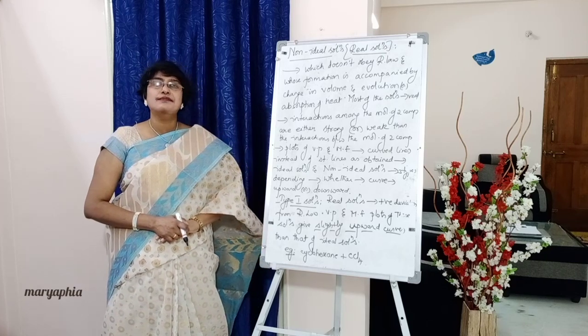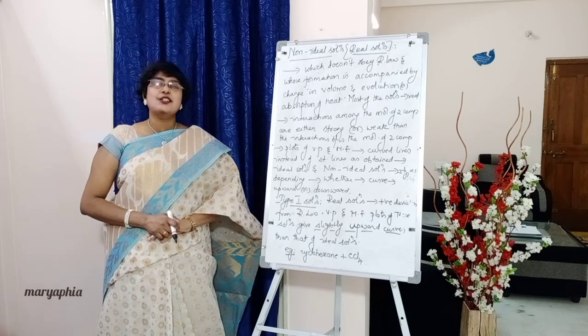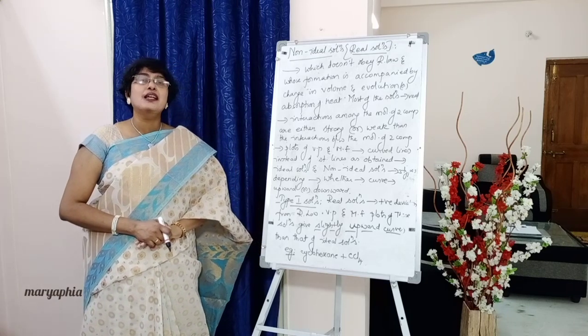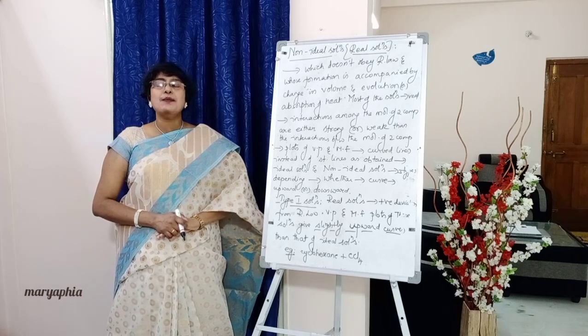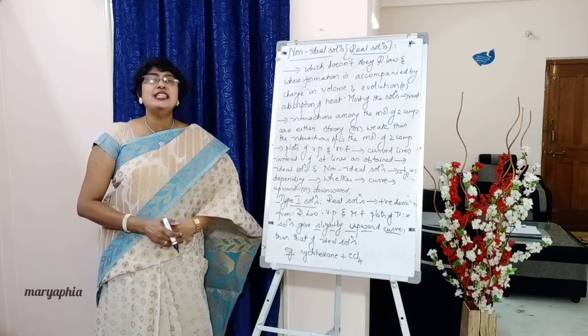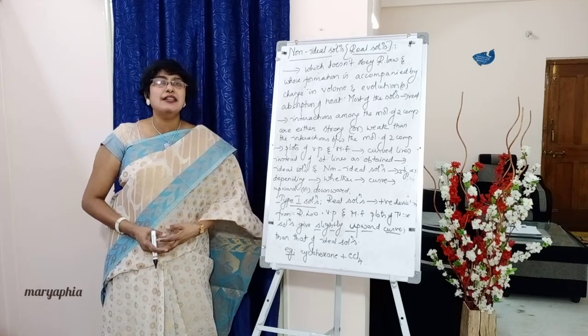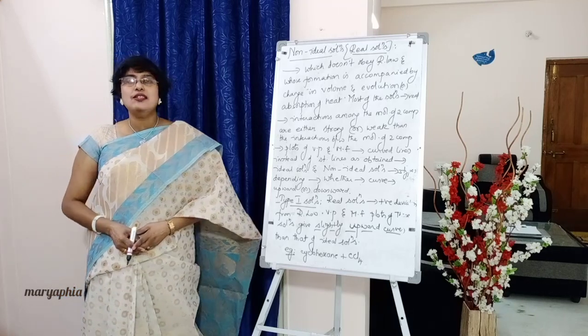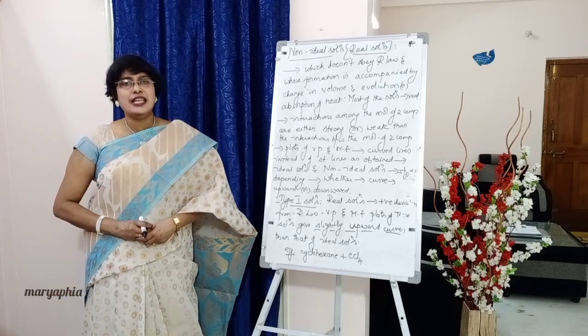Have you written? A solution is said to be non-ideal if it doesn't obey Raoult's law, and also the formation of a non-ideal solution is accompanied by change in volume and evolution or absorption of heat. Most of the solutions are real.